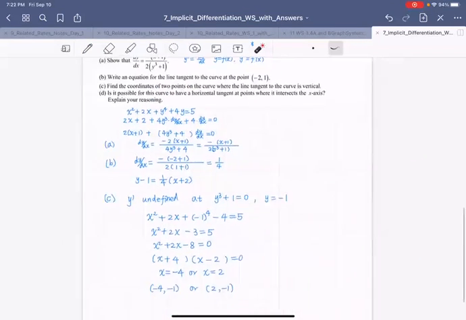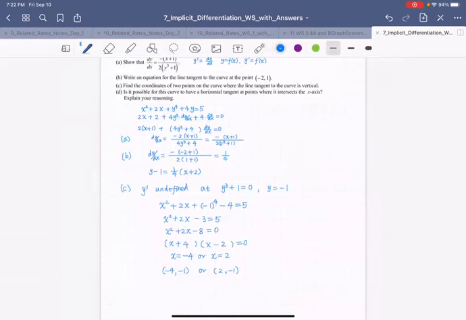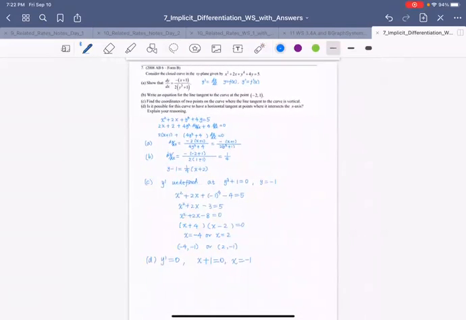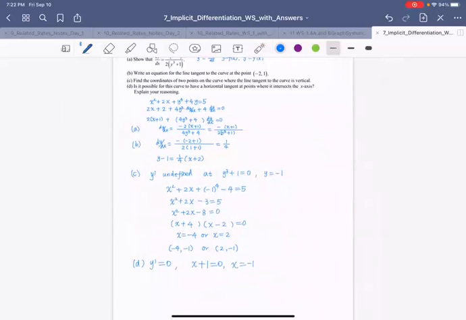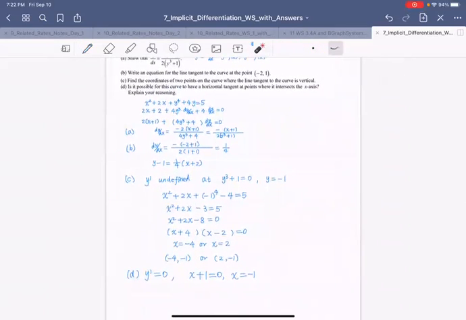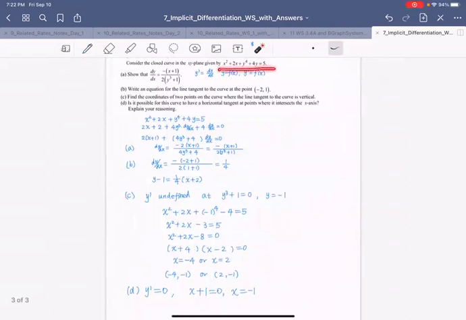So y prime equals 0, that means x plus 1 equals 0, x equals -1, correct? And let's see, when x equals -1, we will plug back into the original equation.